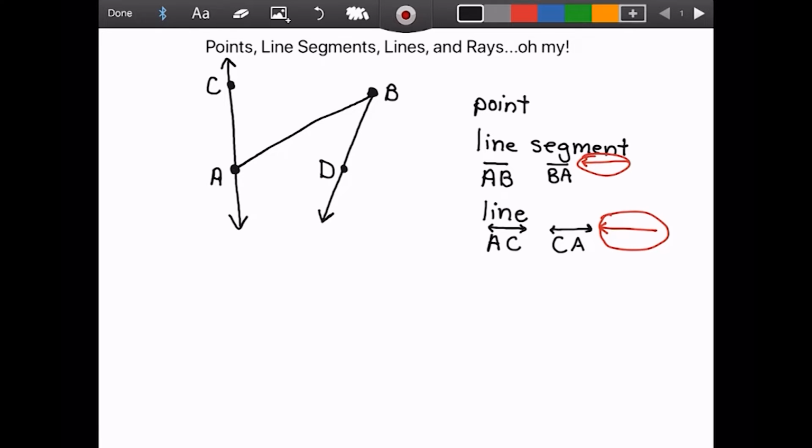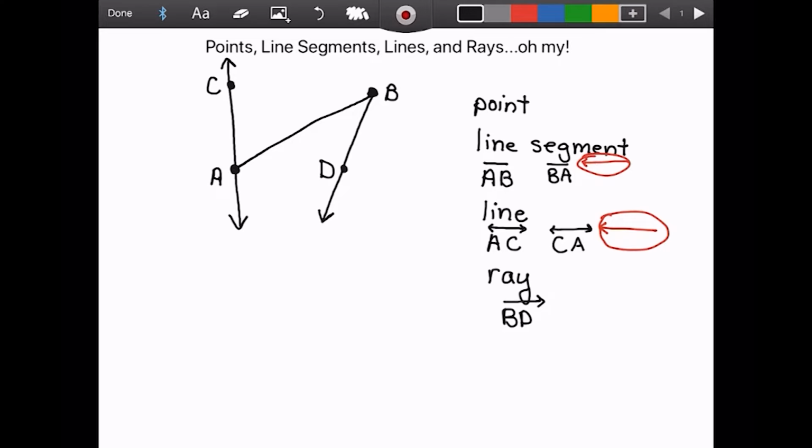What in the world is BD? Maybe you're noticing that it has an endpoint at B, and at D it crosses through and goes on forever in that one direction. This is called a ray. A ray has one endpoint and goes on forever in the other direction. So there's a difference between these three, if you can see that.